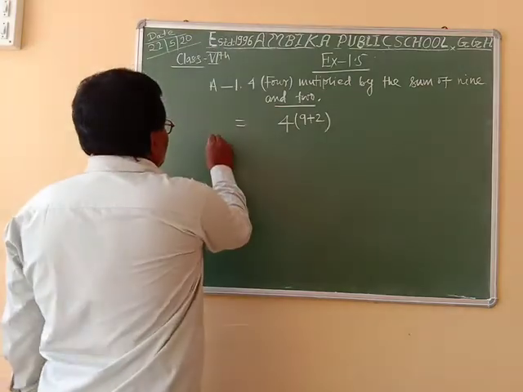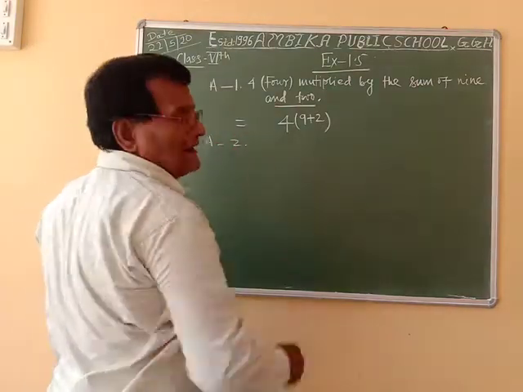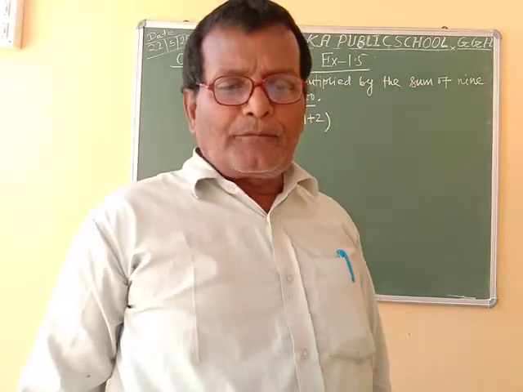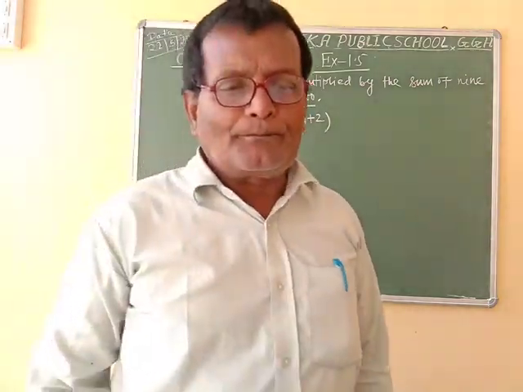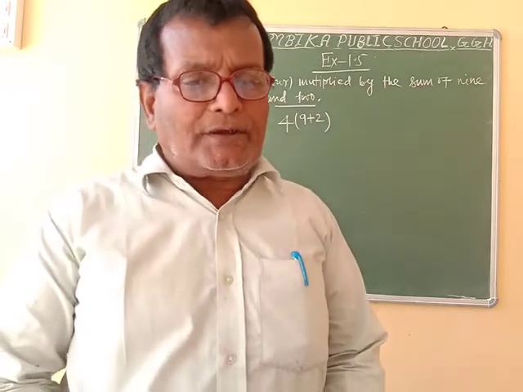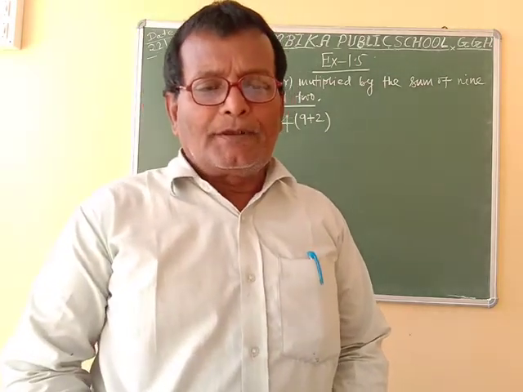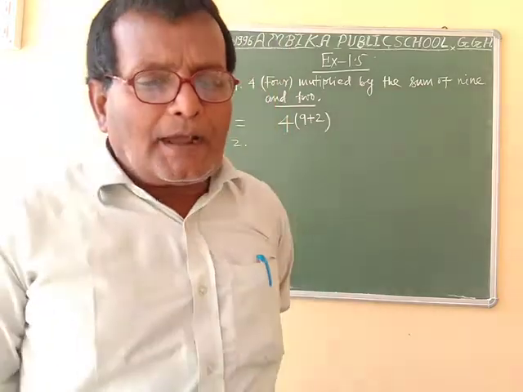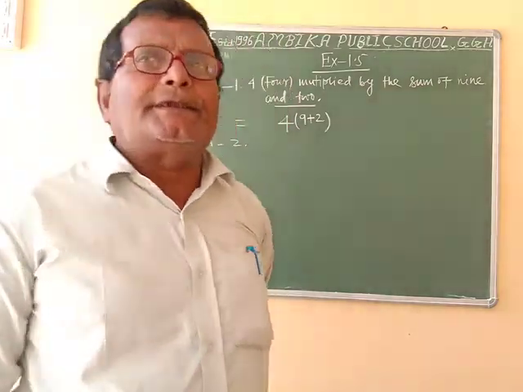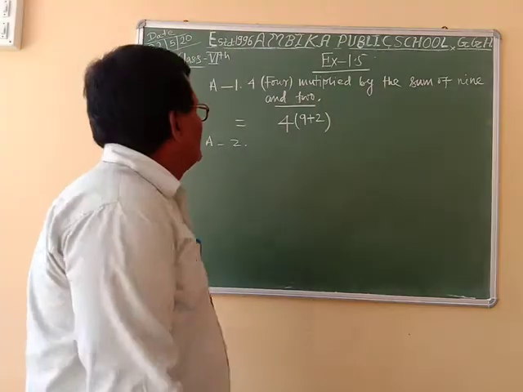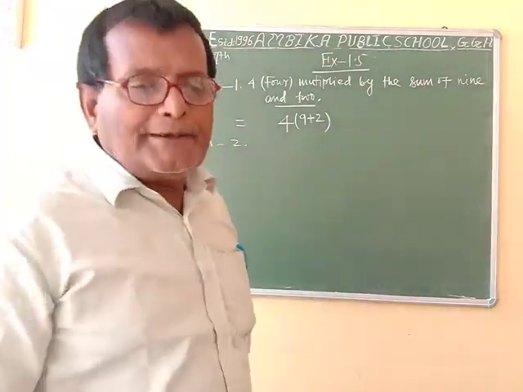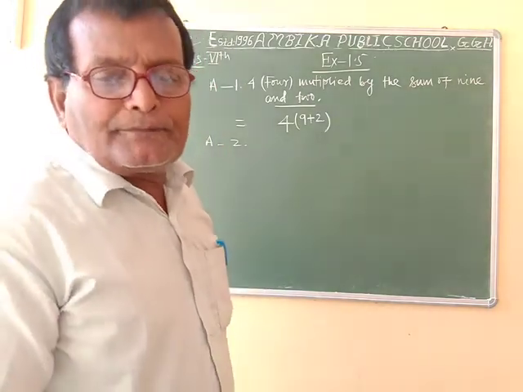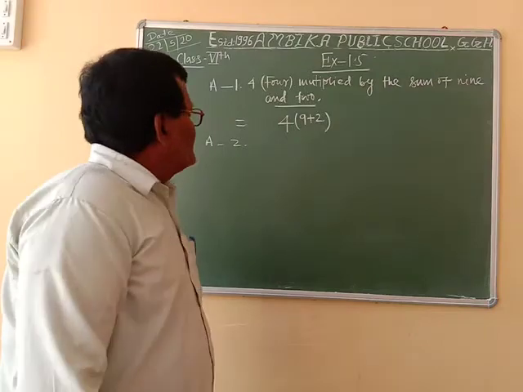Answer 2, difference of 18 and 6 divided by 4. 18 और 6 के अंतर को 4 से डिवाइड करना है, भाग देना है. This is a statement. We solve using brackets.